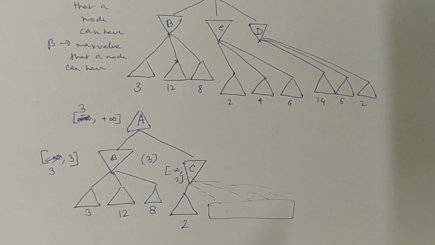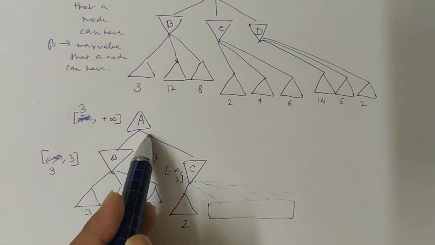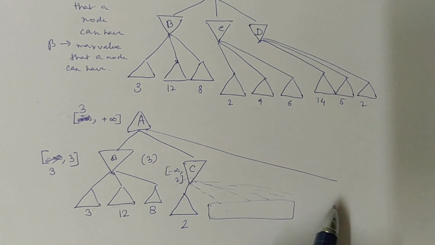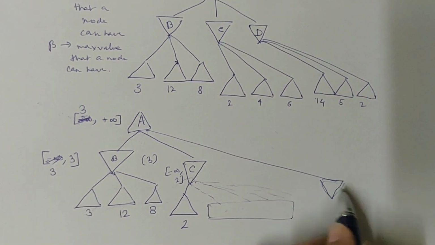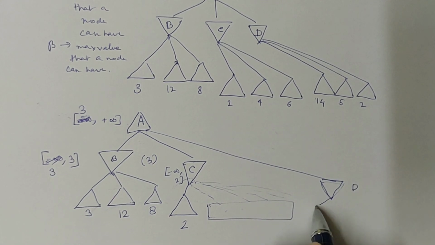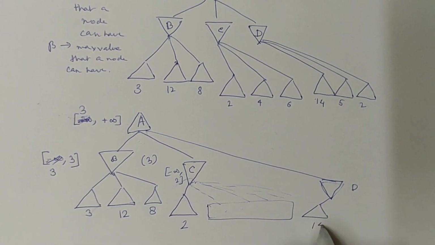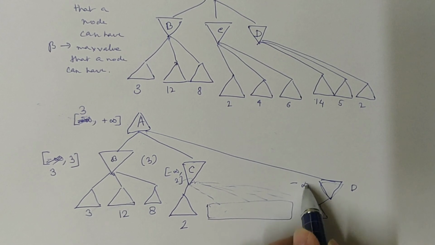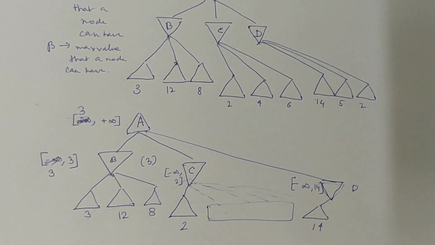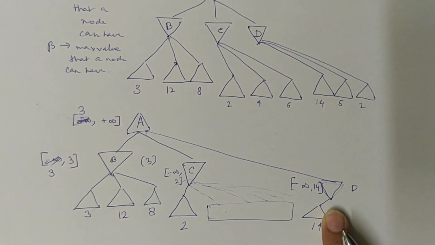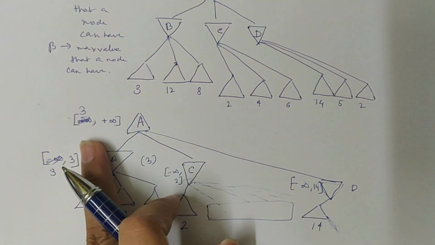Okay. So now it will go to D. D will first open 14. Following the same logic, the beta value will be 14. A is now still seeing some opportunity in D because 14 is more than 3.